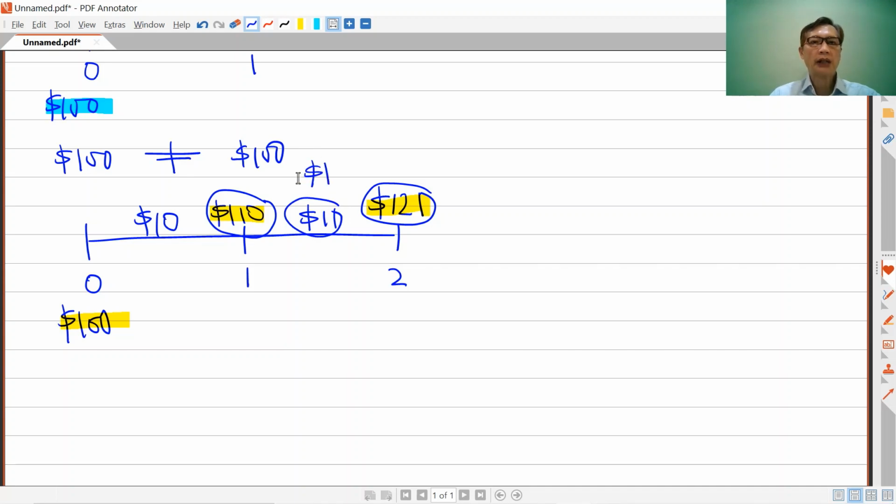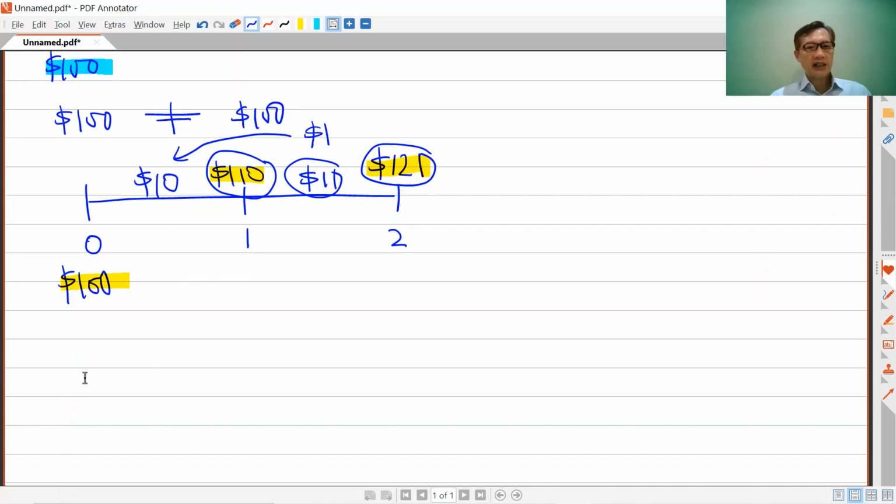This $1 more is actually from the interest that you earned in the first year, which is now also earning the 10%. 10% on $10, that's where you have the $1 interest here. So interest is now earning interest. This process, we call compounding. So you compound, and that gives you the future value.